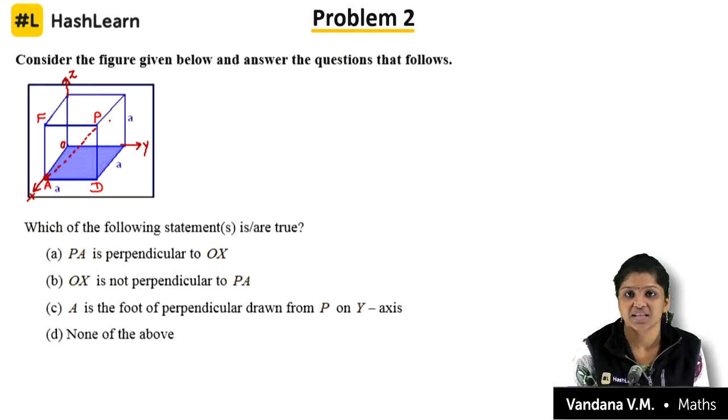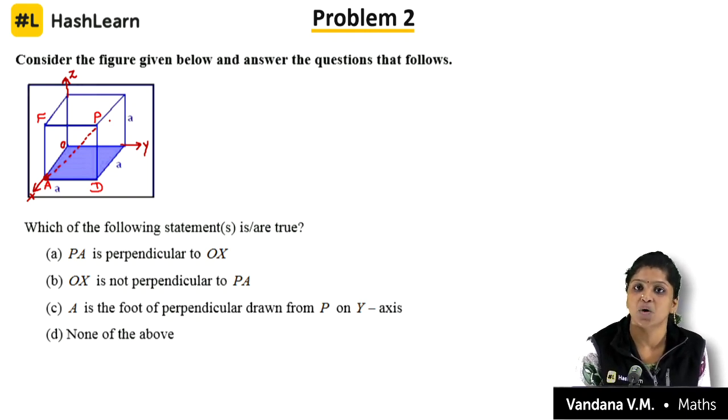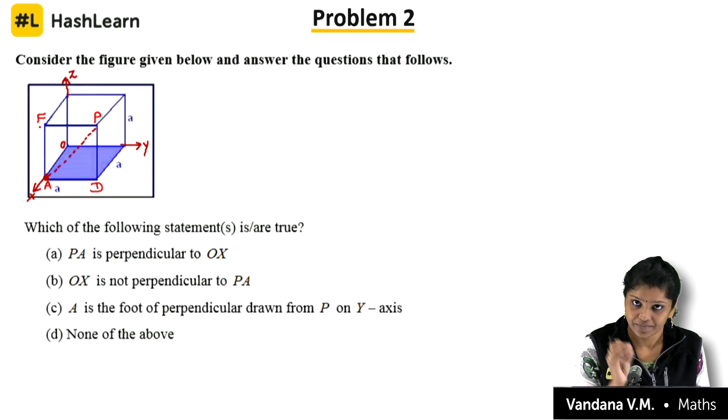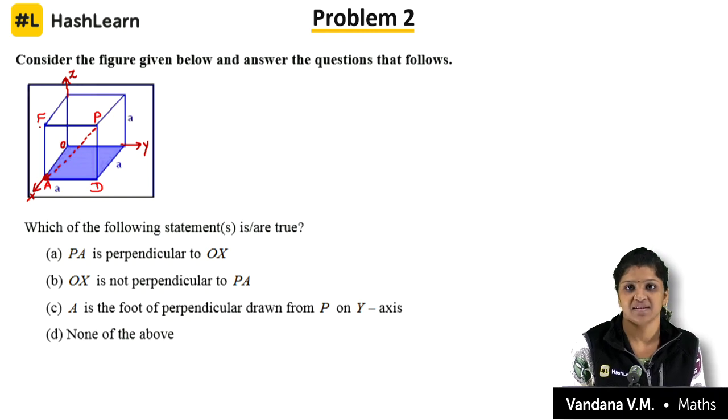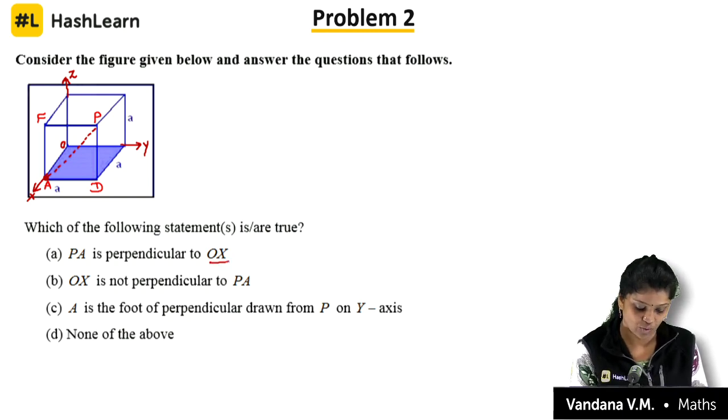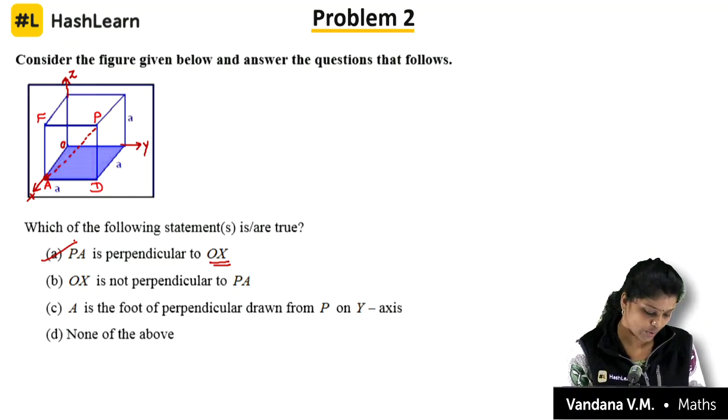Obviously, PA is one more line in the plane ADPF. All the lines present in that plane are perpendicular to the x-axis. Instead of x-axis here, they are saying OX. Yes, PA is perpendicular to OX.